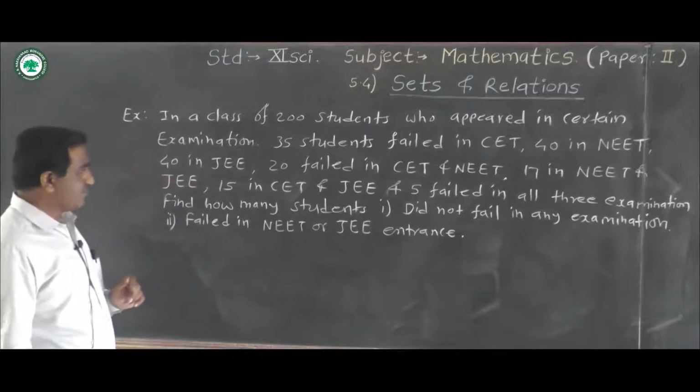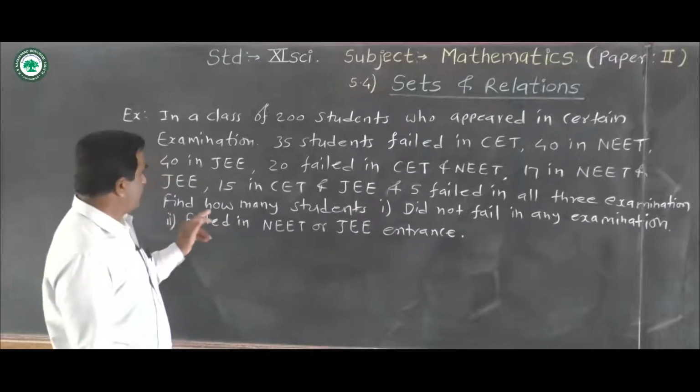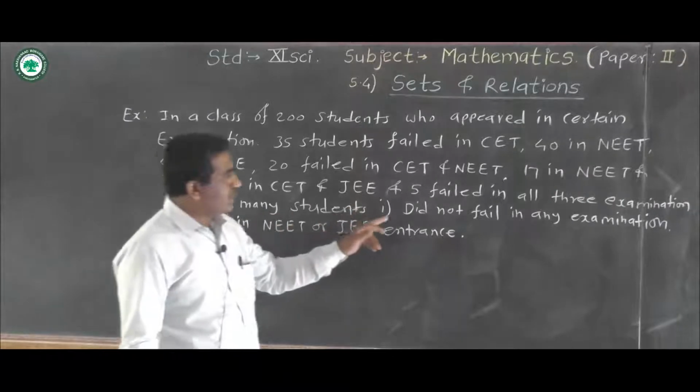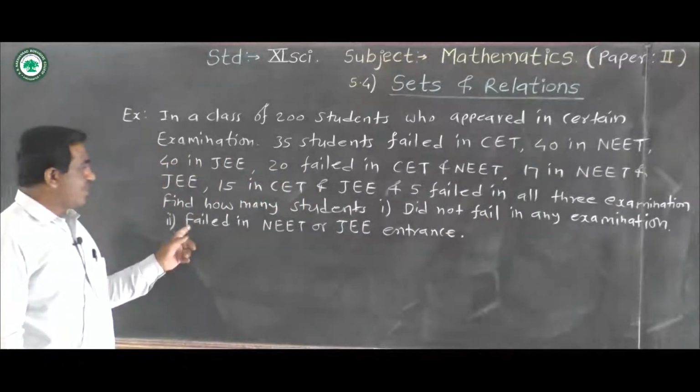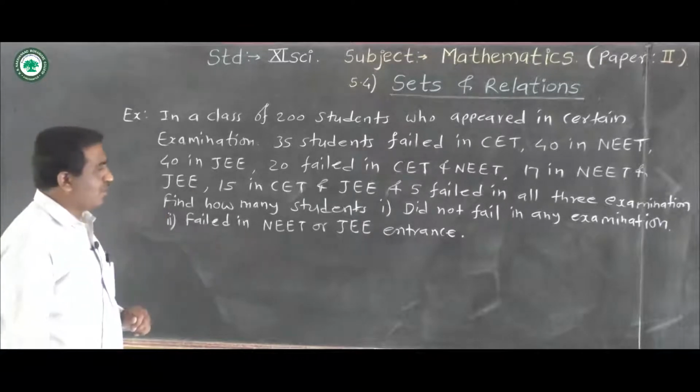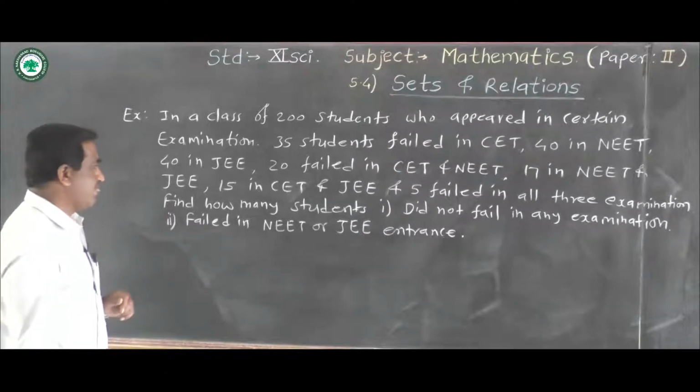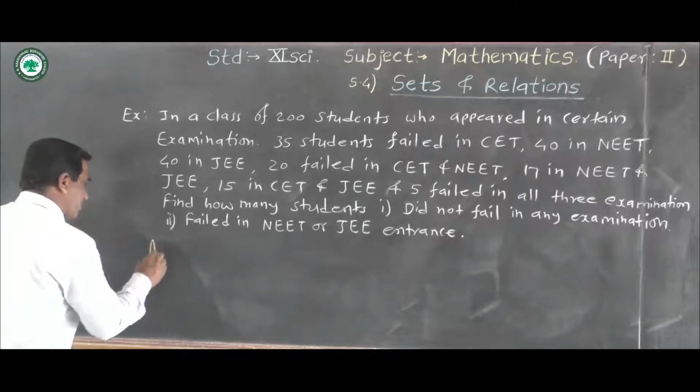Now we have to find the total number of students who did not fail in any examination, and further those who failed in NEET or JEE entrance. Okay. Now we see the answer for this example.